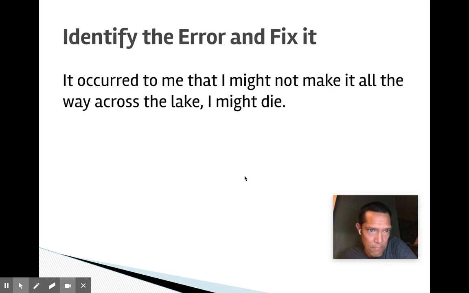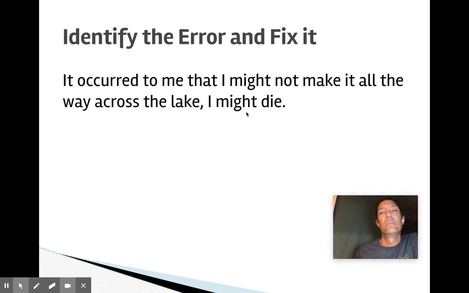Okay, three more. It occurred to me that I might not make it all the way across the lake. I might die. Pause. Okay. I might die is a complete sentence, right?